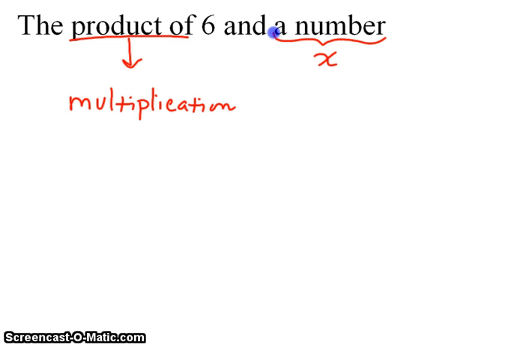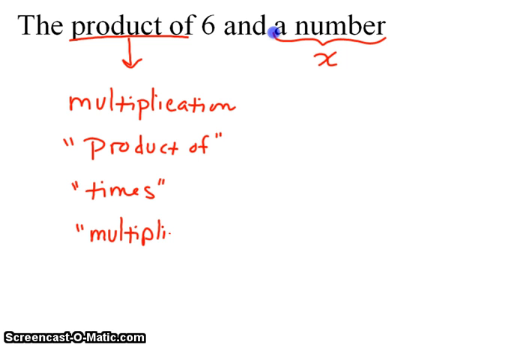Some trigger words for multiplication are product, product of, times, and multiplied. So we know the operation occurring here is multiplication.